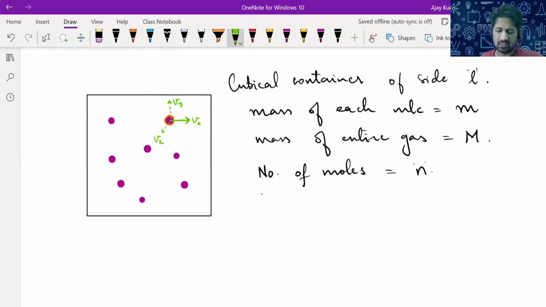Now, due to this velocity in the x direction, this molecule will hit this wall of the container. The x component of velocity is what makes the molecules hit the right side and left side walls. Upper wall and lower wall will be hit due to the y component of velocity.